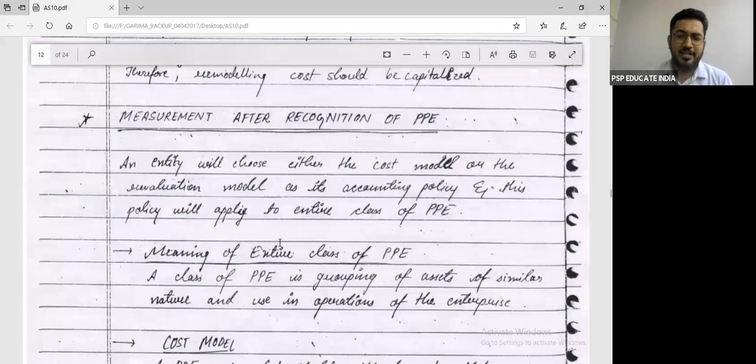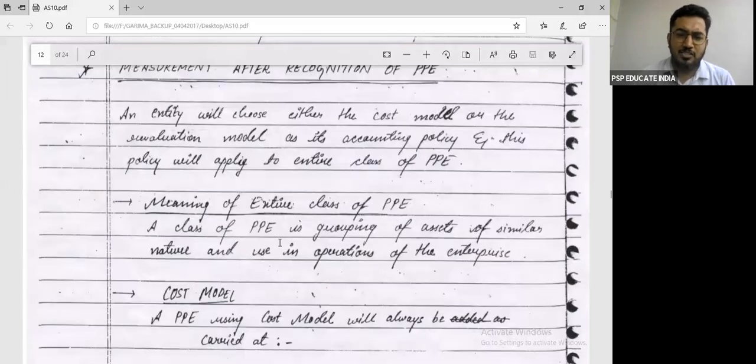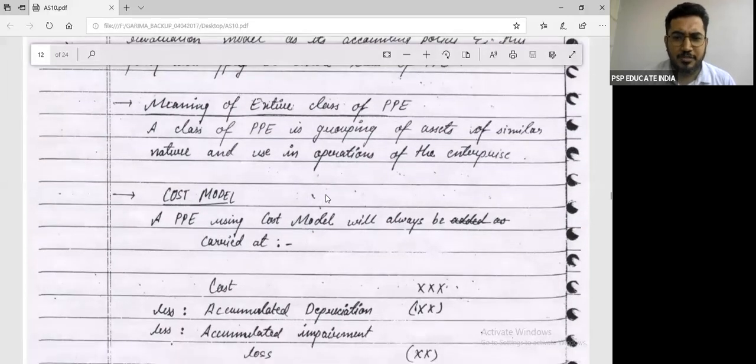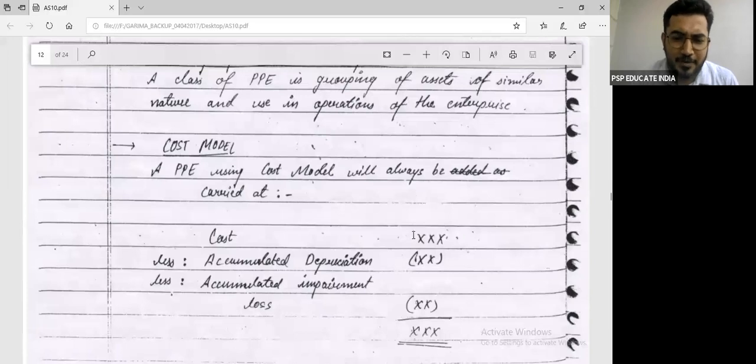Meaning of entire class of PPE: a class of property, plant, and equipment is a grouping of assets of similar nature and use in operations of the enterprise. On the other hand, the cost model says a property, plant, and equipment using the cost model will be carried at cost less accumulated depreciation less accumulated impairment loss.